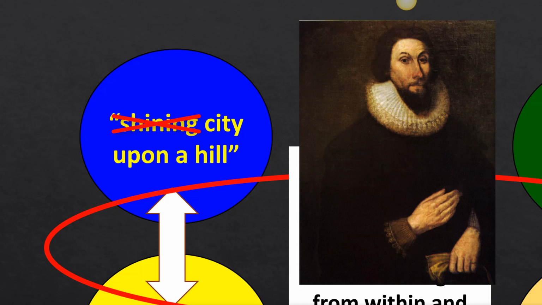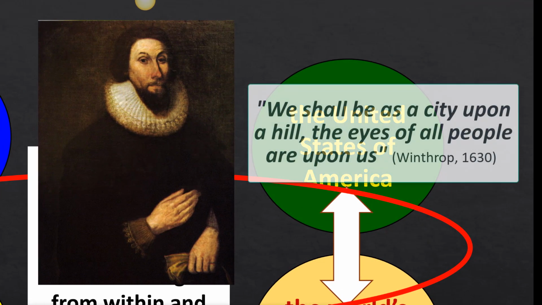And in that famous sermon where he makes reference to the New World, the place where the Pilgrims are coming, as a city upon a hill, what he's talking about is not actually, as Reagan characterizes it, a place where they could live and enjoy freedom, but in fact, he was talking about a city upon a hill in the respect that, to paraphrase Winthrop, the eyes of the world would be able to look upon them and their experiment to see whether or not what they were trying to achieve as an ideal was something that was even going to work.